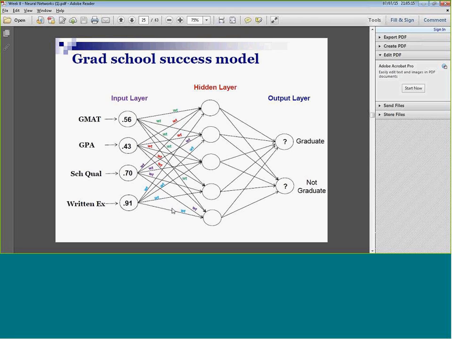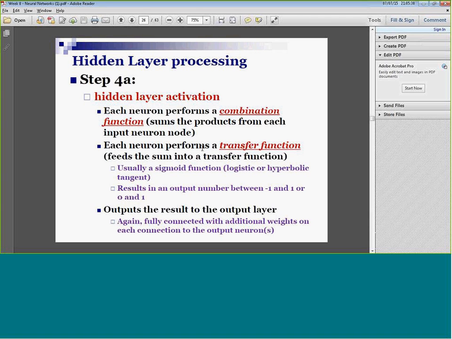So, now what happens? All right, so some numbers are going to show up here. In fact, this neuron is going to see a number coming from here, a number coming from here, a number coming from here, and a number coming from here. It's going to end up with 4 numbers in here. 0.56 times a weight, 0.43 times a different weight, 0.70 times a different weight, 0.91 times a different weight. It's going to do what with them? Well, we'll see. It is going to do 2 things. First of all, it's going to sum them up.